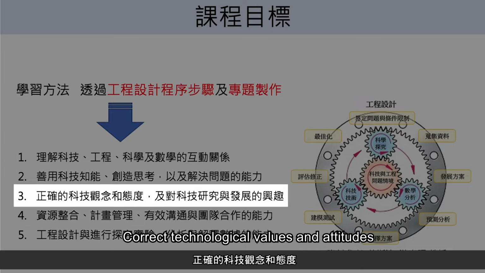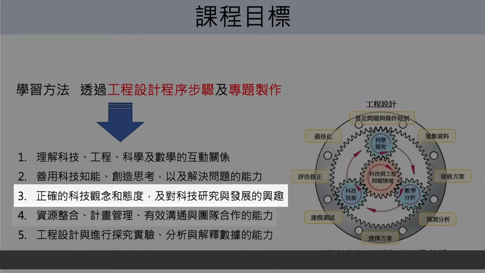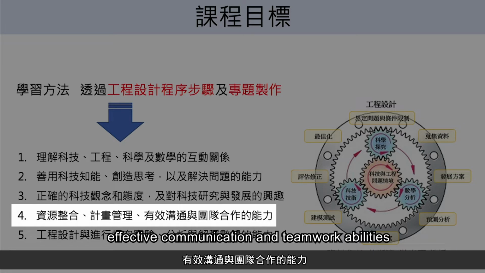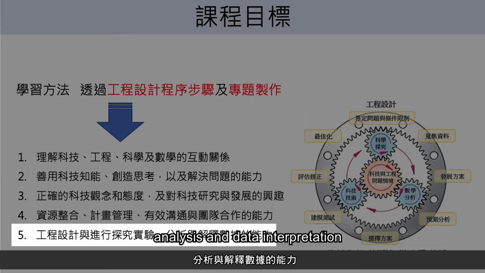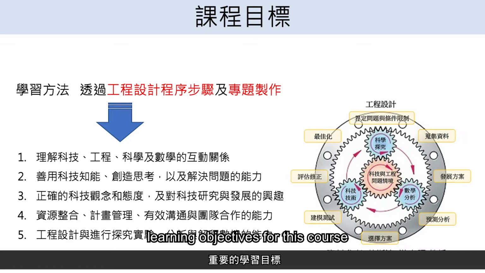Correct technological values and attitudes, and interest in technological research and development. Resource integration, project management, effective communication, and teamwork abilities. An ability for engineering design to conduct experiments, analysis, and data interpretation. These are all important learning objectives for this course.